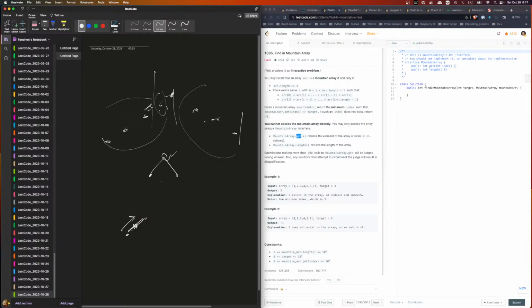There are two ways: we can use the built-in binary search, so you don't have to write one yourself. But this side is going down, so a binary search on it will be slightly awkward. So we have to write a binary search for this, but it's fine. We can handle it.